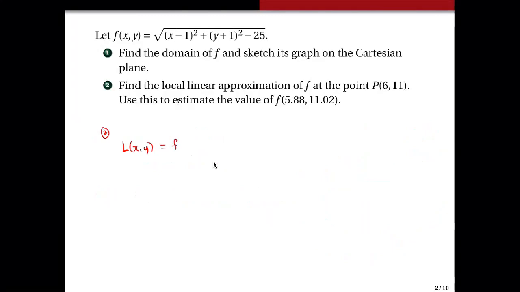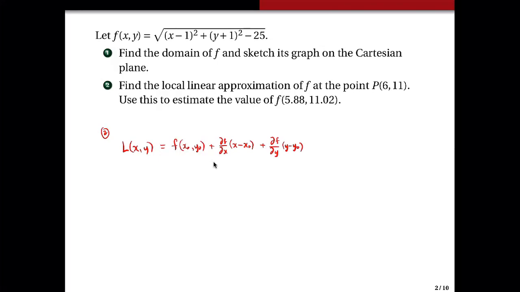This is f of (x naught, y naught) plus partial of f with respect to x times delta x, that's x minus x naught, plus partial of f with respect to y times delta y, and delta y would be y minus y naught.